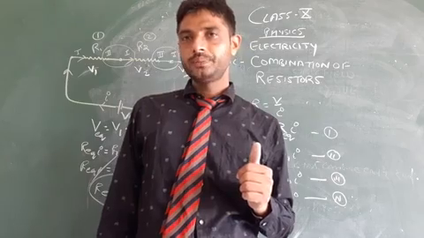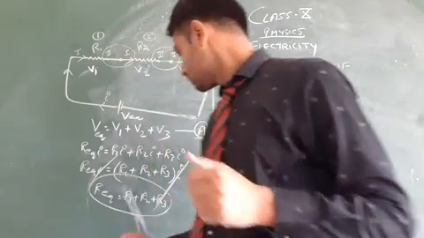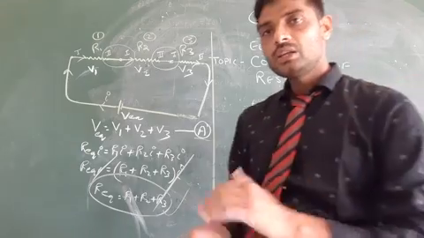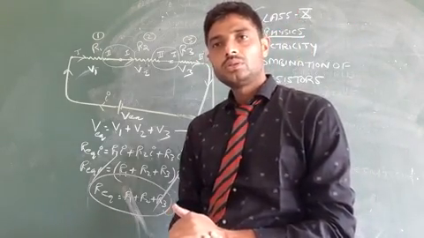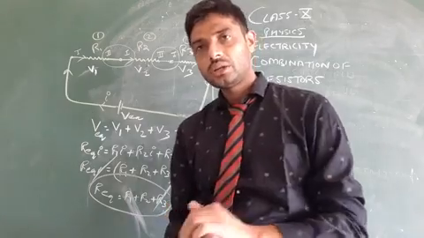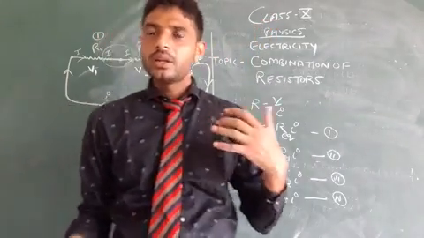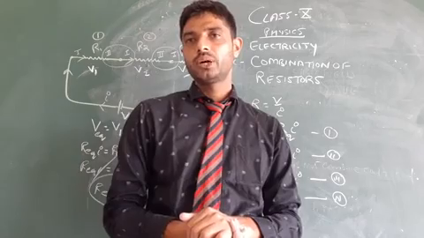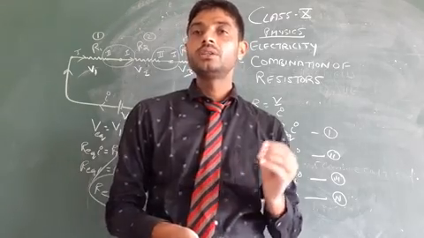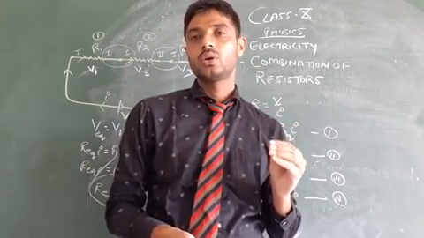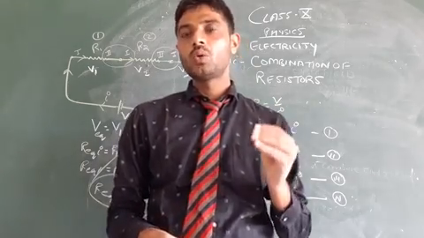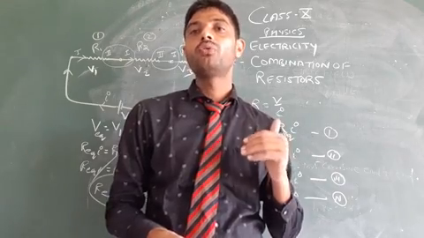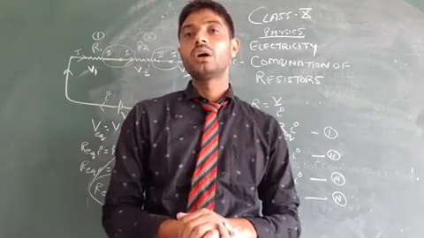So I hope you understand. You can add any number of resistors: 1, 2, 3, 4, 5, 6. Then the equivalent resistance of the circuit is equal to the algebraic sum of the resistances of the resistors.